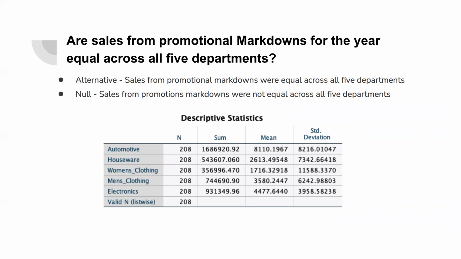We can see that the automotive department had the largest amount of sales from promotional markdowns for the year at more than $1.6 million. And therefore, we failed to reject the null hypothesis, and sales from promotional markdowns were not equal across all 5 departments. We can actually see that men's clothing had the lowest amount of sales for the year.